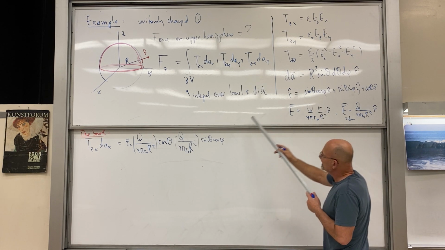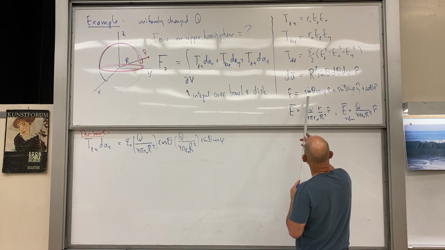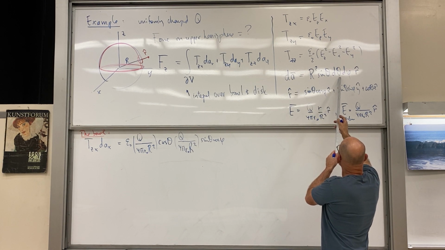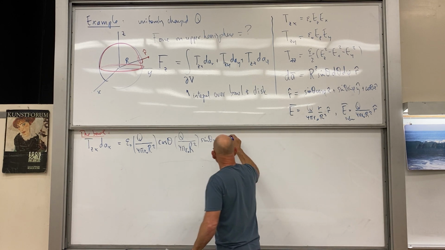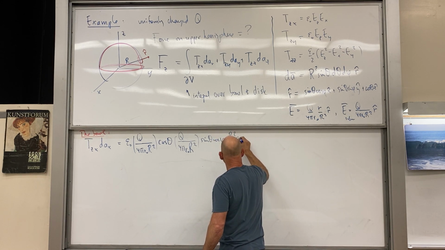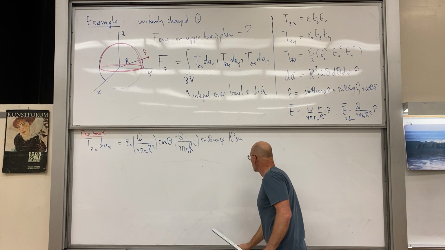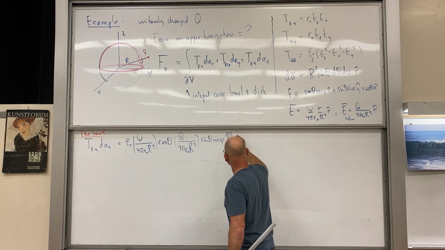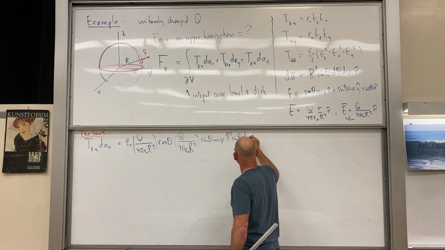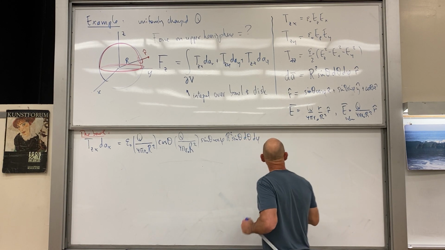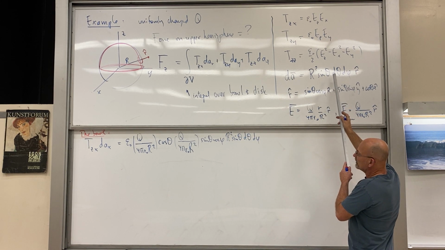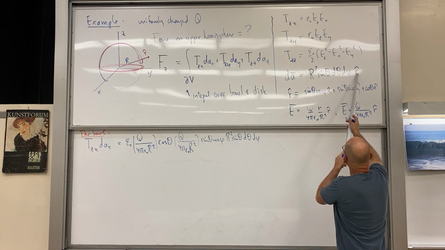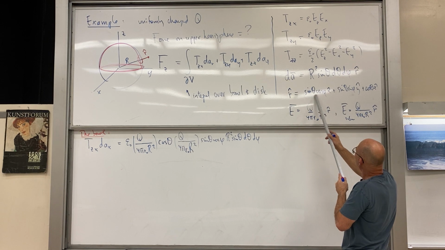And then we have the dA sub x. So the dA sub x is r squared sine theta d theta d phi. And then for the x in the dA_x, we have to go to our r hat, sine theta cos phi.